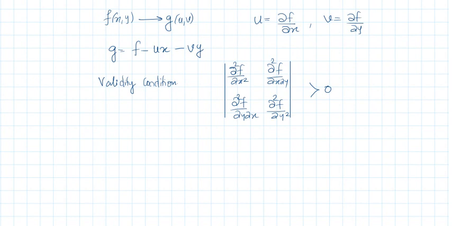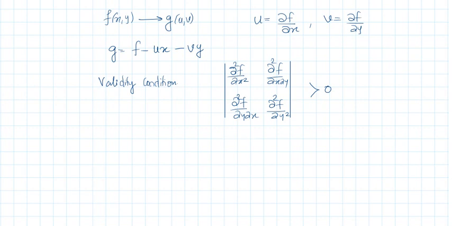So here, in order to check the validity condition, you have to take the determinant of this matrix. Okay, it is not enough to check whether any of these second derivatives is positive or not. You have to check the determinant of this matrix, and this matrix is known as the Hessian matrix. It is dou square f by dou x square, dou square f by dou x dou y, dou square f by dou y dou x, dou square f by dou y square. If this determinant is greater than 0, the Legendre transformation is valid.